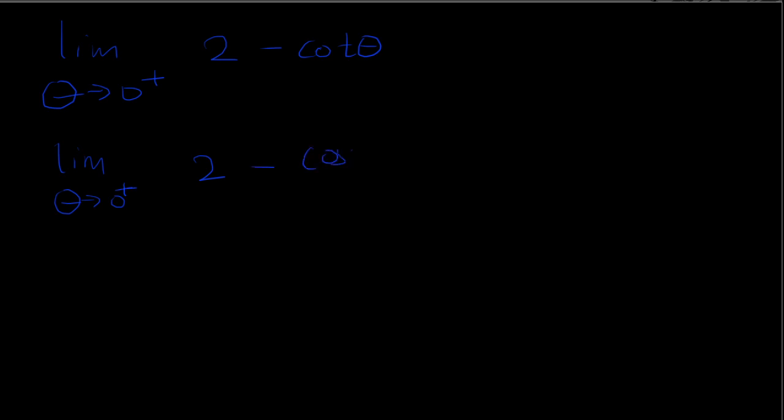Now let's look at cotangent. Alright, so we have limit as theta approaches 0 from the right of 2 minus cotangent theta. Now cotangent, we're going to rewrite it as cosine over sine. Okay.